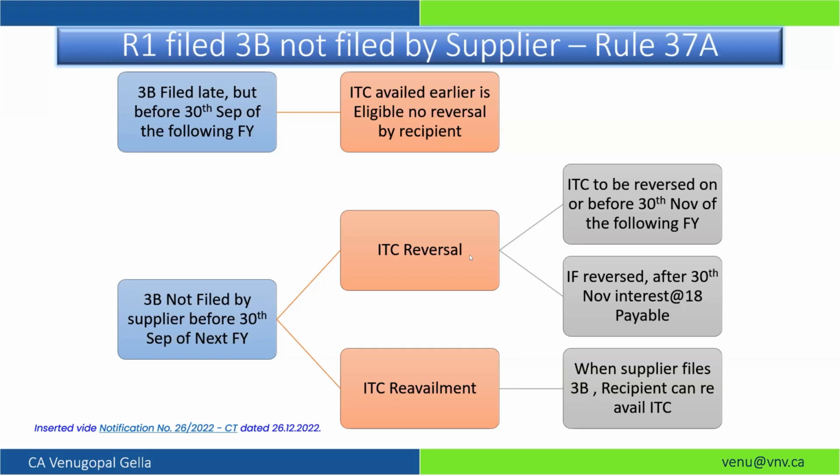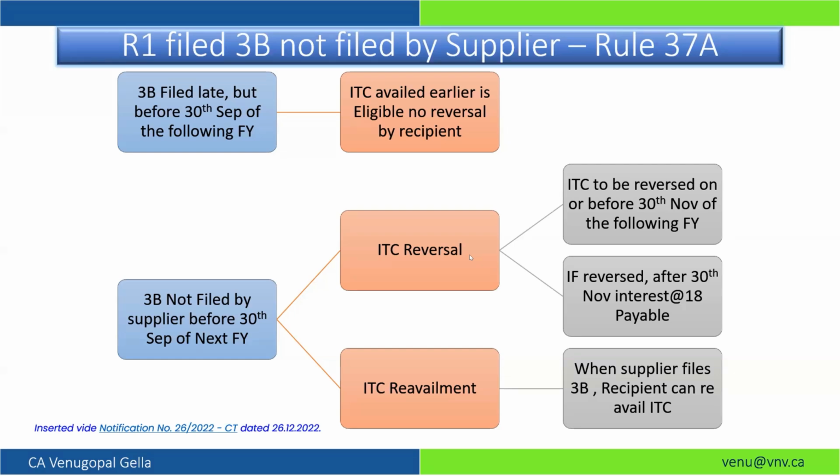Now, do I need to check all of the 12 months? The answer could also be no, because we know that if you don't file the return in one month, the subsequent return cannot be filed. So all you have to do is check the latest month. We are in May 23. Just see the GSTR 3B filing status as on March 23 for all of your suppliers.